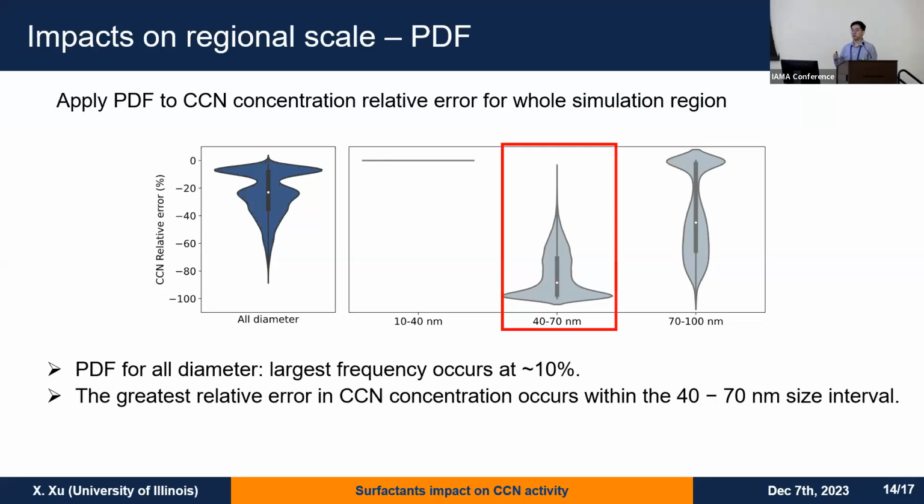But considering that particles with diameters larger than 100 nanometers or lower than 10 nanometers usually have a negligible impact on CCN activation, we narrow our size down into 3 different intervals. It very clearly shows that the largest relative error occurs at 40 to 70 nanometers.